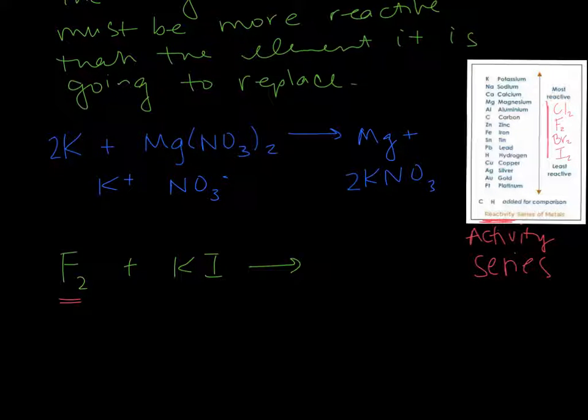So they're never going to replace each other, they'd be attracted to each other. So since fluorine is more reactive than iodine, it'll replace it. So that means that iodine gets kicked out, and remember iodine is one of those diatomics, so it's I2. And then we have to look at the compound that would form between potassium and fluoride, and that would be KF. And so we would need 2 of those and 2 of those to balance this reaction.